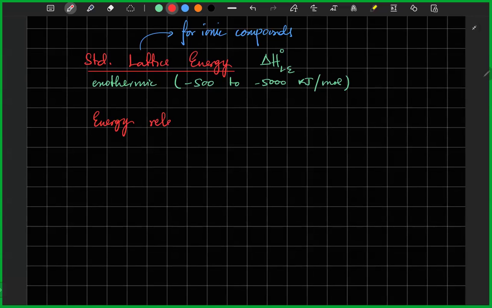It's the energy that's going to be released when what happens? When 1 mole of solid ionic lattice is formed. From what? From its ions, from its constituent.